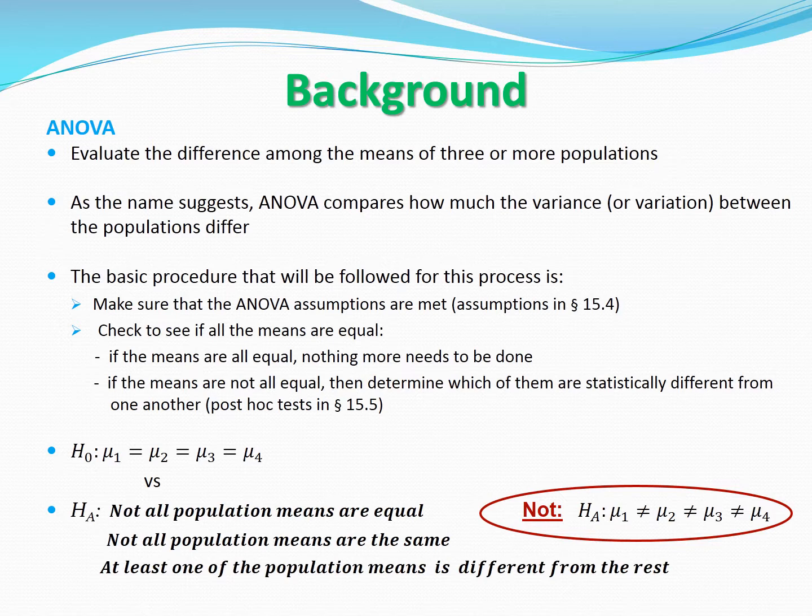So in the alternative hypothesis, we would rather state that not all the population means are equal, or not all the population means are the same, or at least one of the population means is different from the rest. And you can use any of these sentences that you can remember easily.